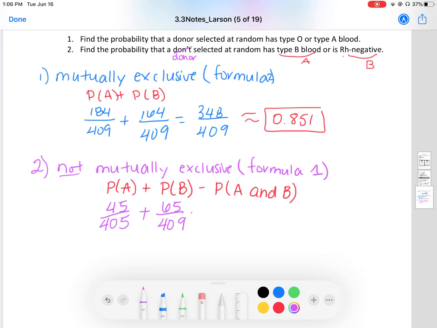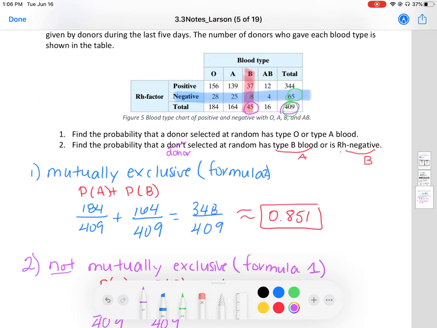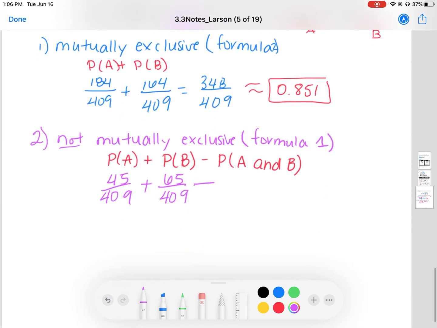And then it's minus the probability of what they have in common. So in common, they have just that 8. 8 out of the 409.